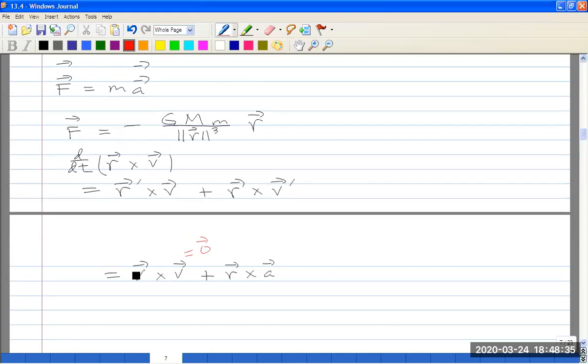From here, since the forces are equal, the m's cancel, and I have that the acceleration is equal to this.